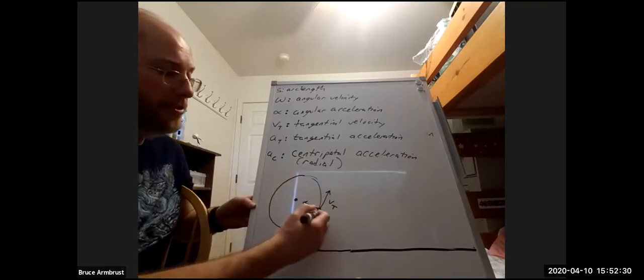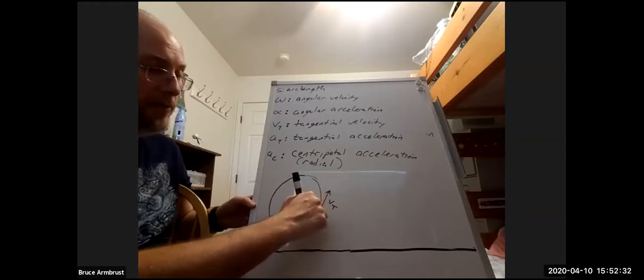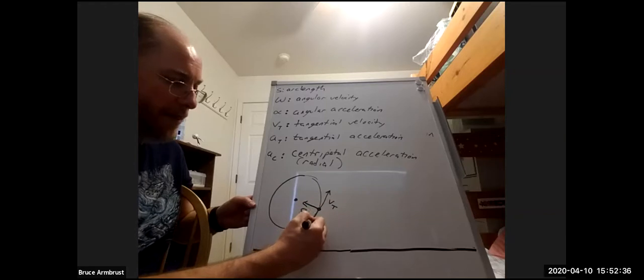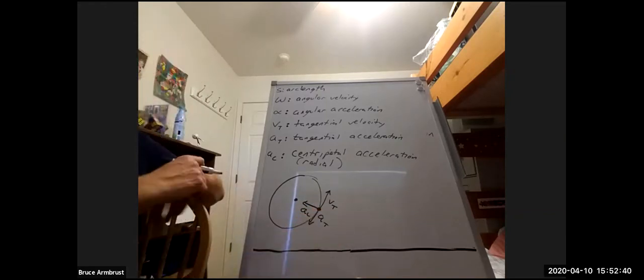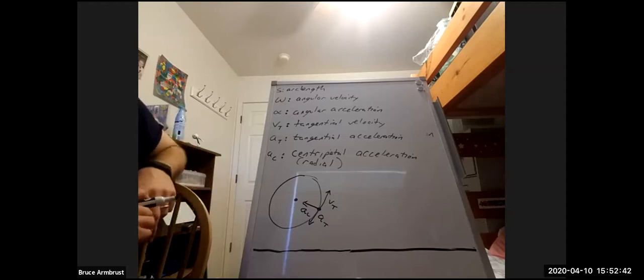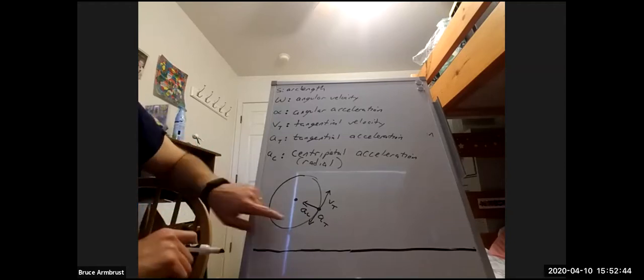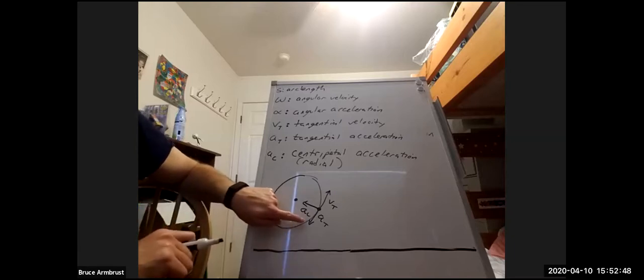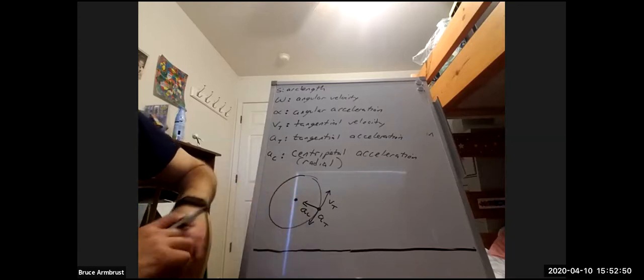A tangential acceleration is also going to be pointing tangent. I'm going to draw it this way just so that it's not in the way of v sub t. Now, if this is the setup, what's happening right now is that this rotation is slowing down.